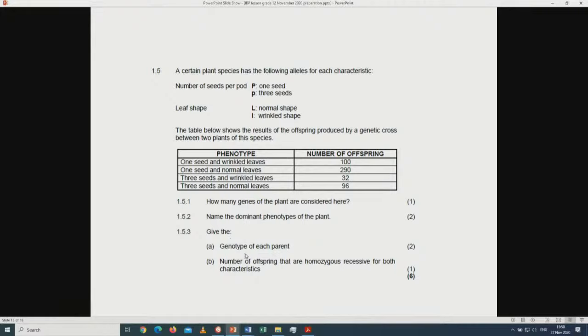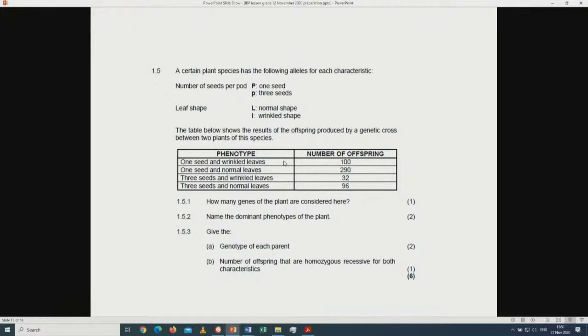Give the genotype of the parent. Now the parents, the number of offspring are indicated. Now the genotype of each parent. Here we have one seed and wrinkled leaves.